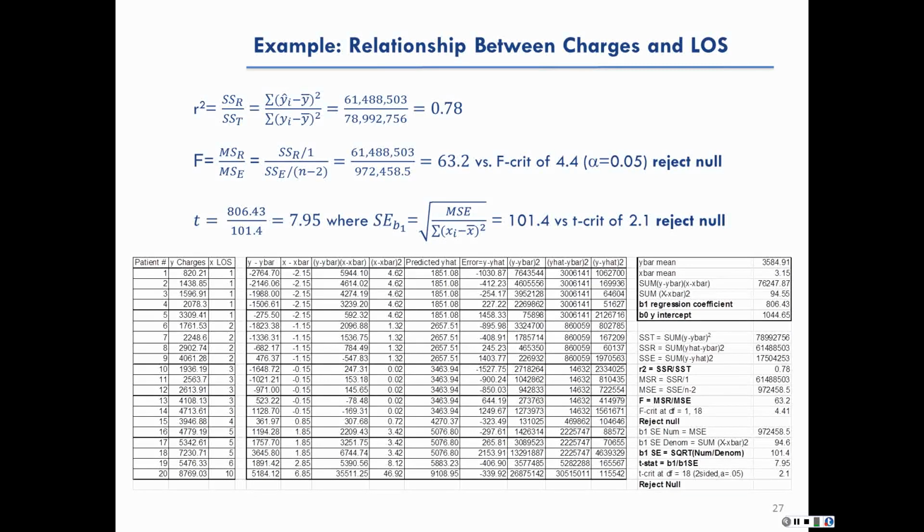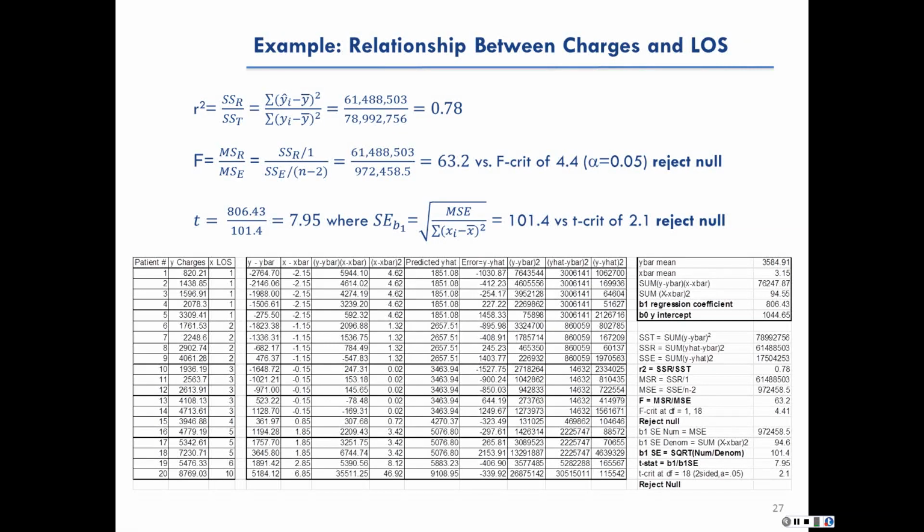You're just subtracting the mean of y, that's what y bar is, from your predicted value of y, which is y hat, squaring it and then summing it to get the regression sum of squares, which is the numerator of r squared.